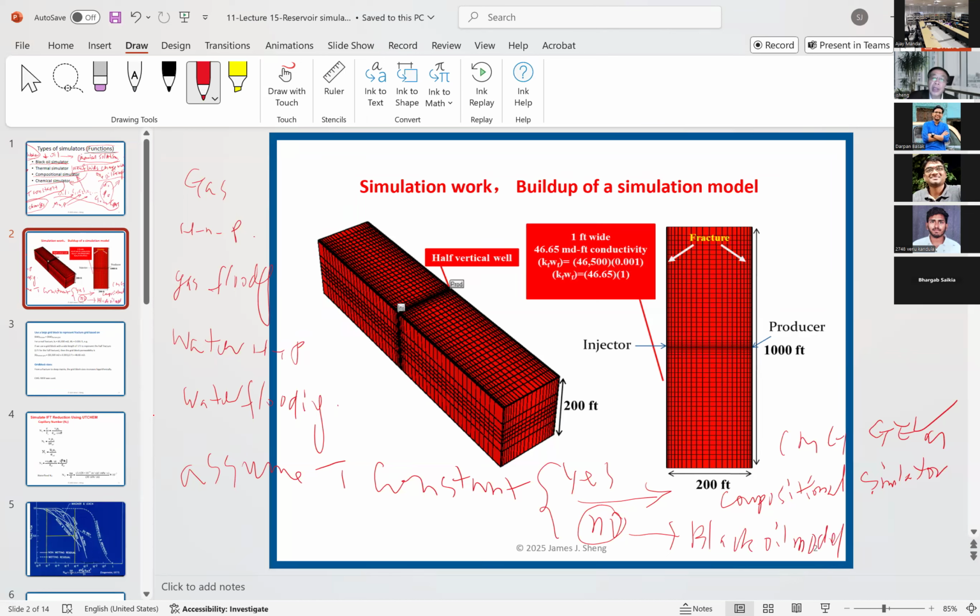Actually, in the beginning, I used the black oil model, CMG's IMEX.